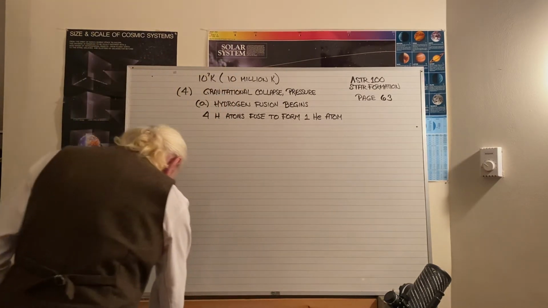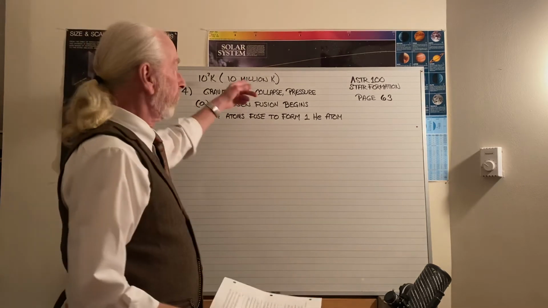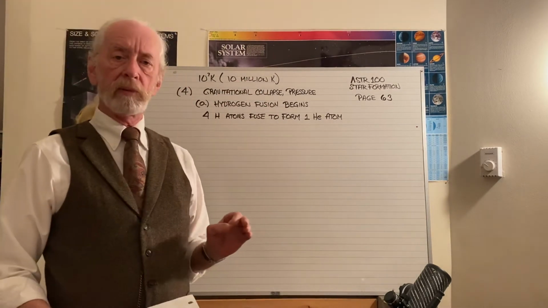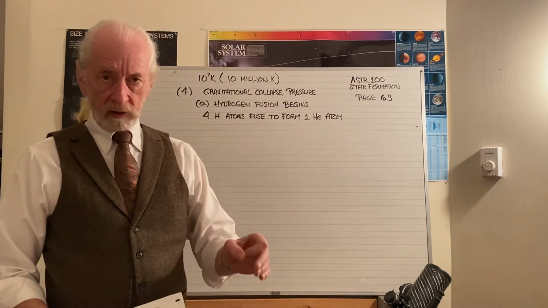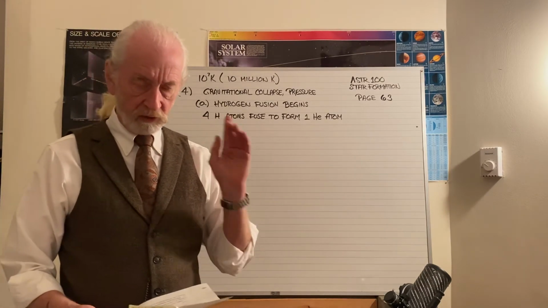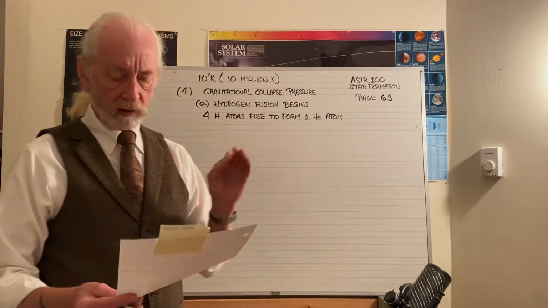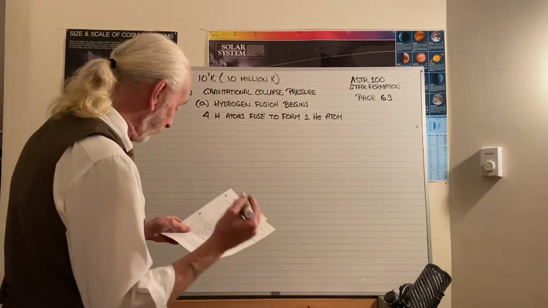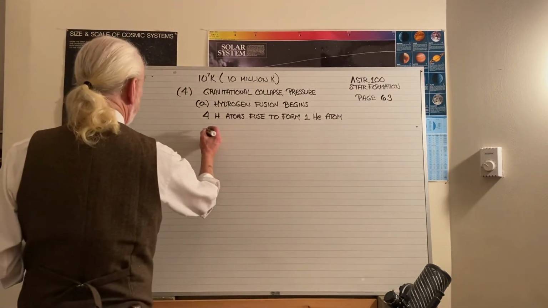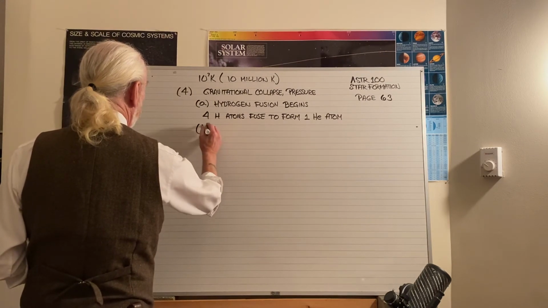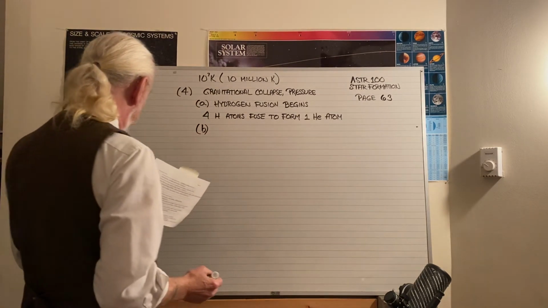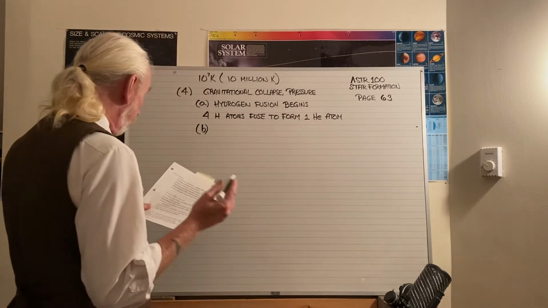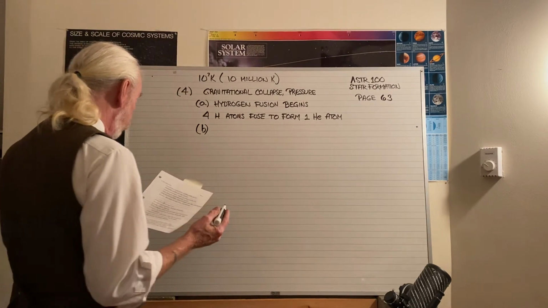And also remember that 10 million kelvins is the minimum temp you got to have to trigger hydrogen fusion. 10 million kelvins to trigger hydrogen fusion. Very important. All right. Now, at this point, contraction is halted by the outward pressure due to fusion.